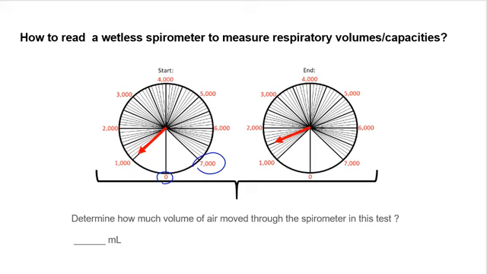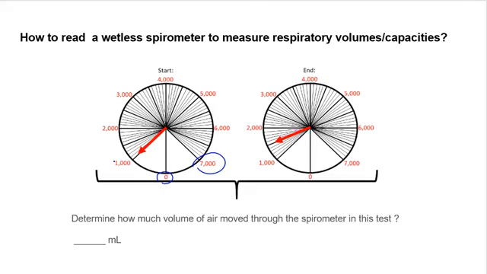So for lung volumes that are expected to be more than 1,000 milliliters, we can start at 0 ml. But for lung volumes that are expected to be less than 1,000 milliliters, we are going to start at 1,000 ml. So before each experiment, set the dial to 1,000 ml. This would be our baseline. Therefore, 1,000 milliliters is equal to 0 milliliters exhaled.